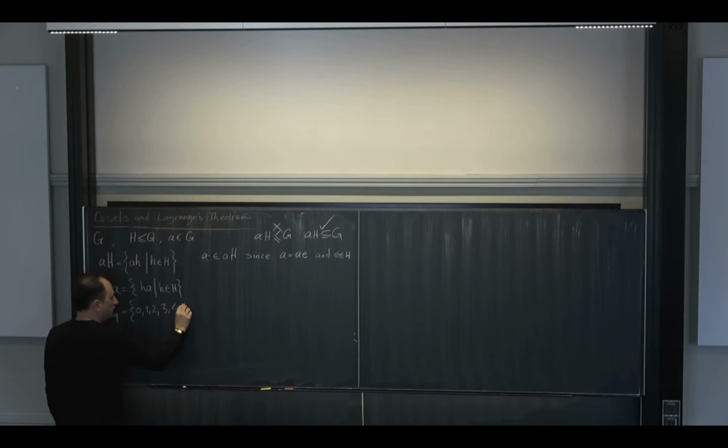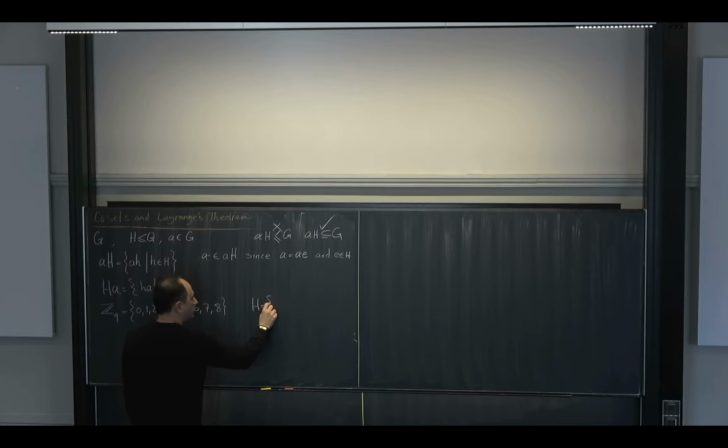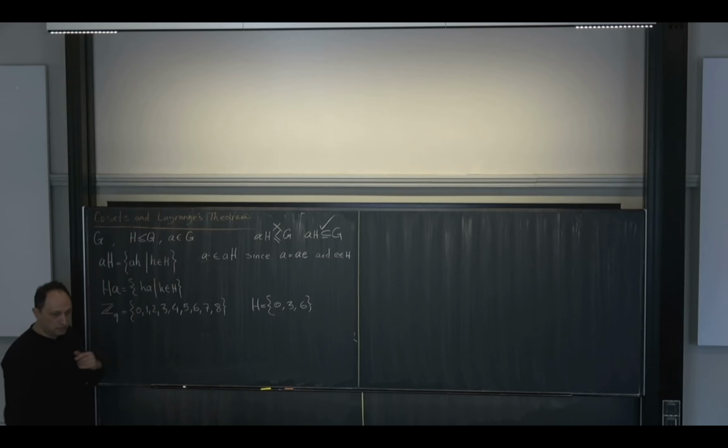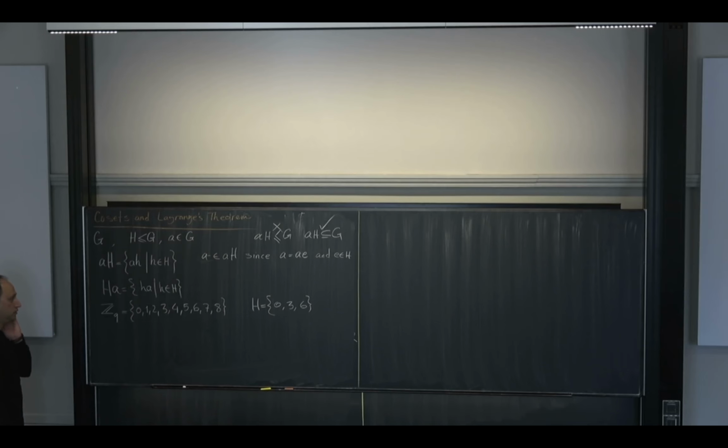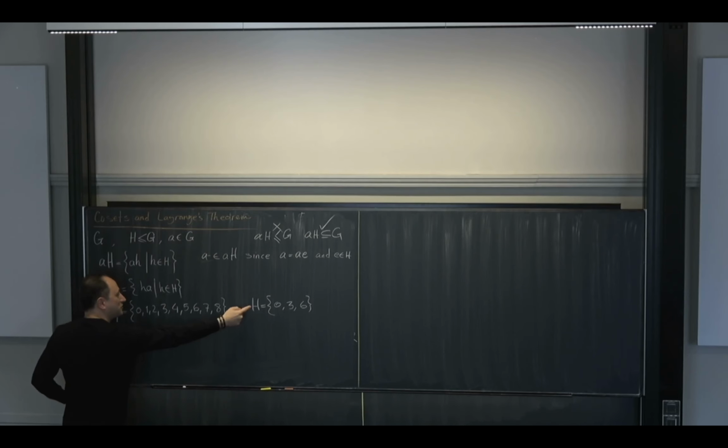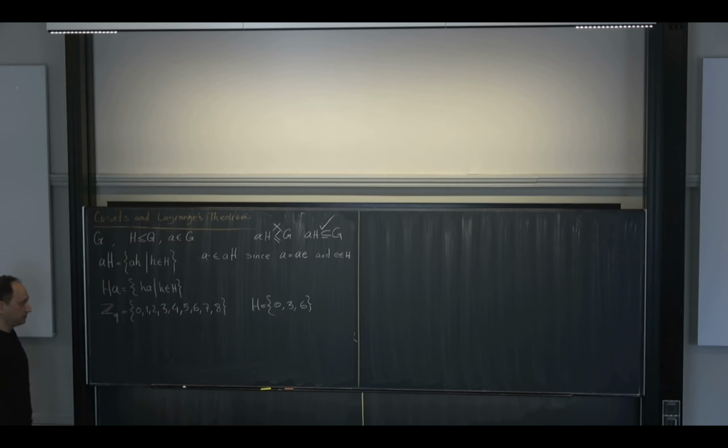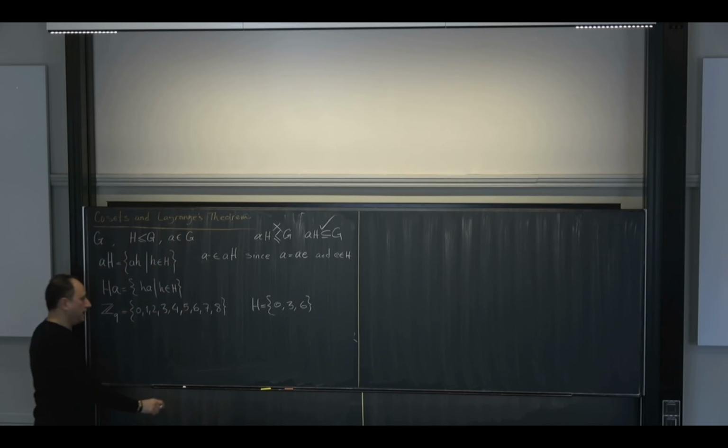Let me write all of them. This is Z9. And I have given you a subgroup. I have already given it to you. So you should, in principle, convince yourself this is indeed a subgroup. It's not hard. So H is a subgroup of Z9.